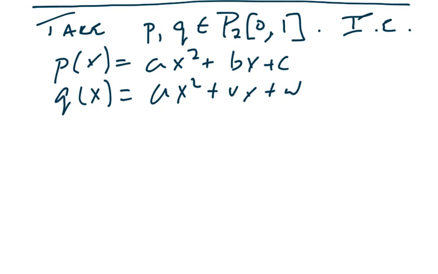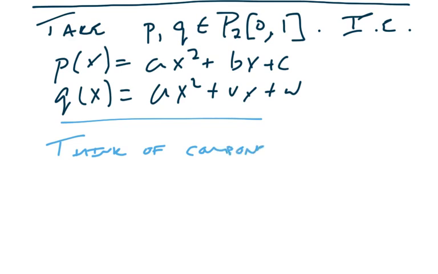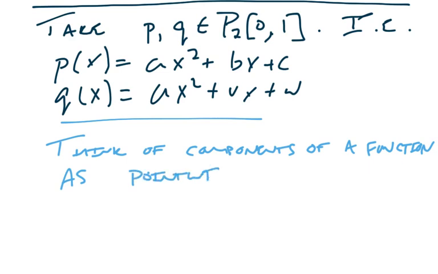So, the weird thing now is that we want to think of the components of a function. Basically, we want to think of a function as a vector which has infinitely many components. What I mean by that is you want to think of the components of a function as what they're doing to individual points, as point-wise evaluation.